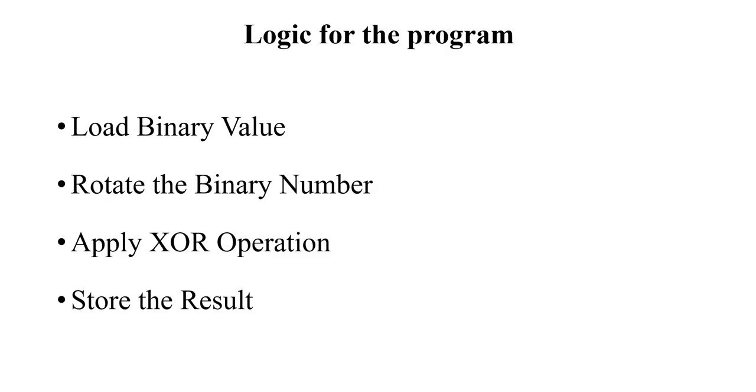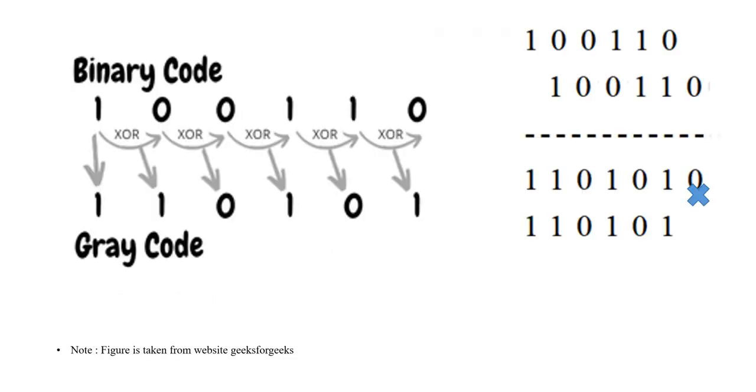Each subsequent gray code bit is calculated by using the formula. Then the resulting gray code will be stored in the memory at the next address. So these are the steps for the program, that is converting a binary number to a gray number.